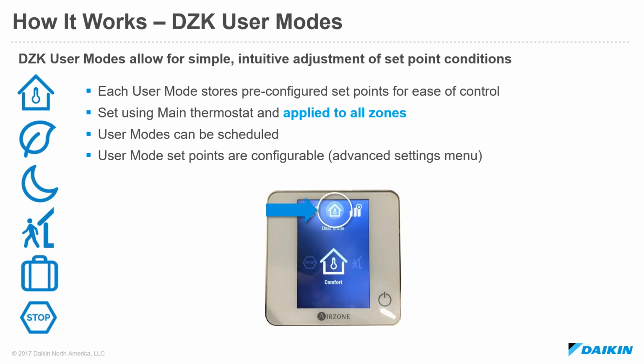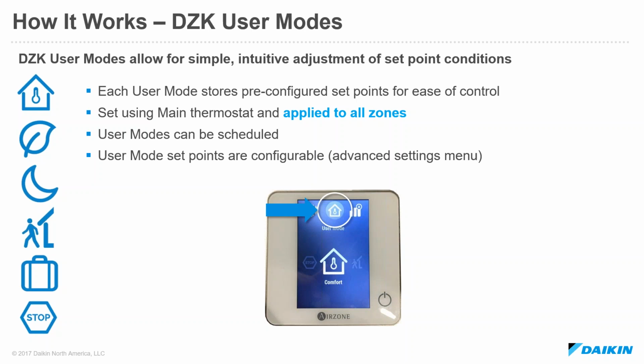So the easiest way to think of a user mode is essentially like a default setting for, let's just assume we're talking office spaces. Building warm up happens and we want to set the occupied mode for all zones. We can use this user mode approach to apply all of the same set points to all zones at the same time.